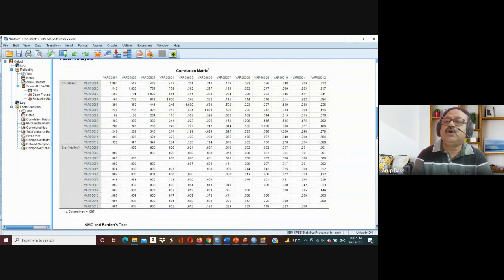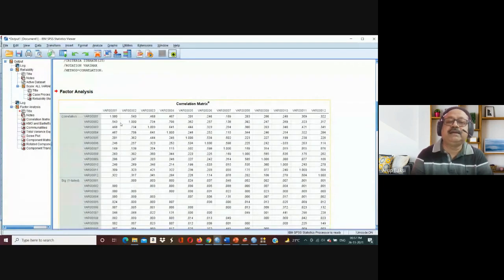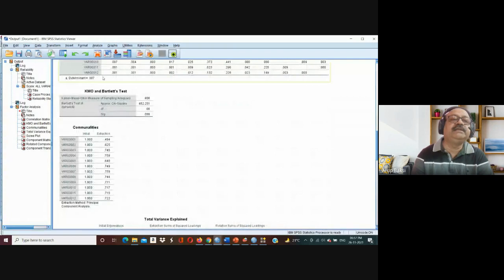You see the off-diagonal values, it doesn't have a 0. So the determinant itself is representative of that, as a result of which I told you that you can report this determinant, this KMO result, and this Bartlett's test of sphericity.